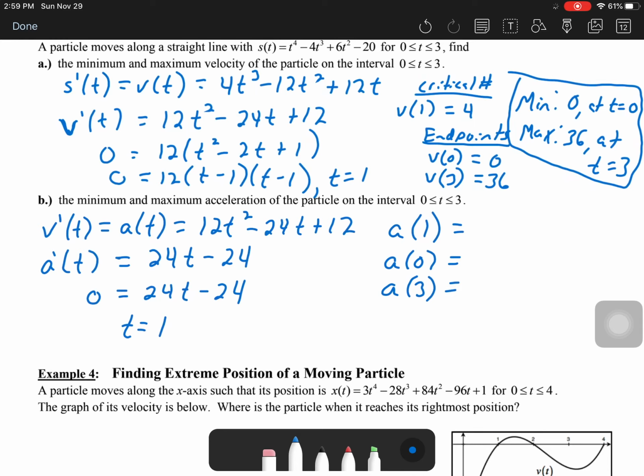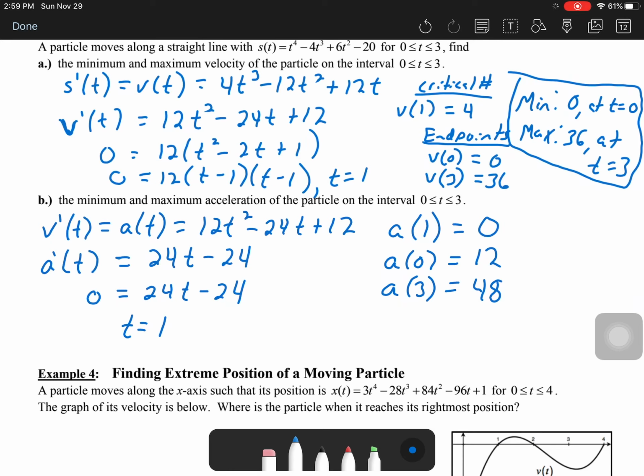So A of 0 and A of 3, and we're going to calculate those out. If I plugged in the A of 1, I'm going to get 0 for that. And you can check that out, but that gives you 0. A of 0 is going to give us a value of 12, because that's what we're left with there. And then A of 3, and I've calculated this, A of 3 gives us 48.